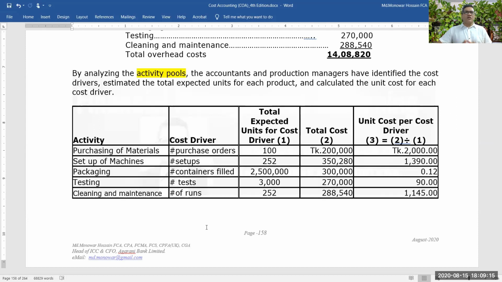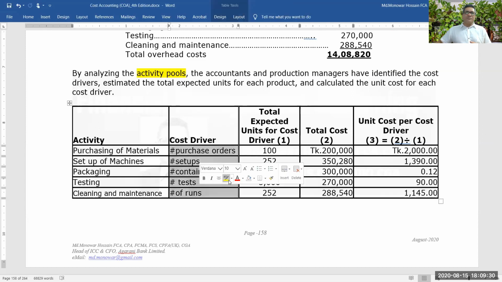And by analyzing the activity pool, the accountant and production manager have identified the cost drivers, estimated the total expected units for each product and calculated the unit cost for each cost driver. So look here, these are the activities, and this is the cost driver. For example, purchasing materials, the cost driver is purchase order. Setup machine, cost driver is setup.